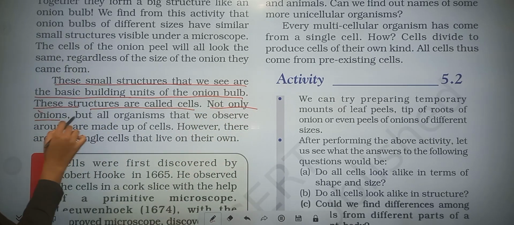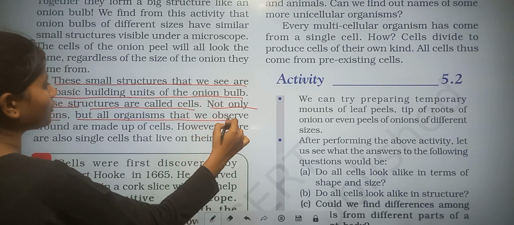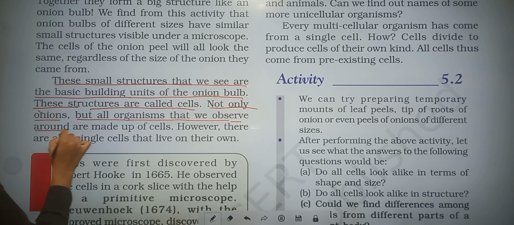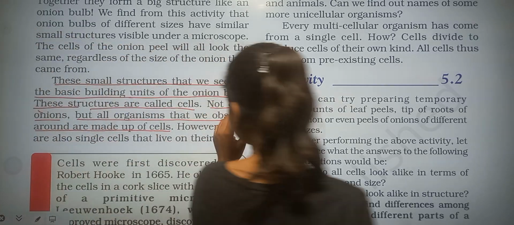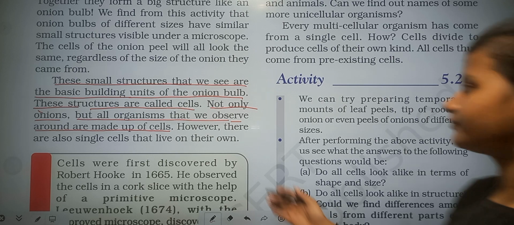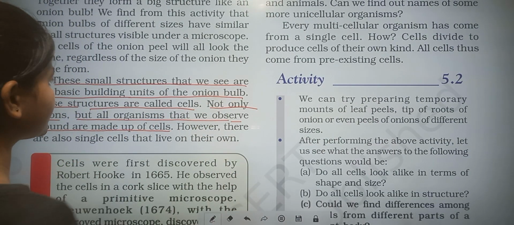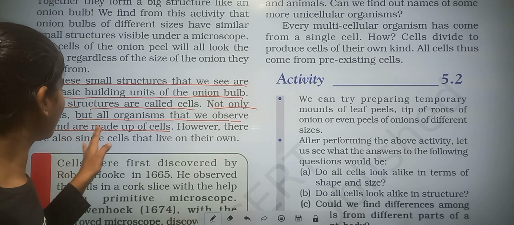Not only onions, but all organisms that we observe around are made up of cells.